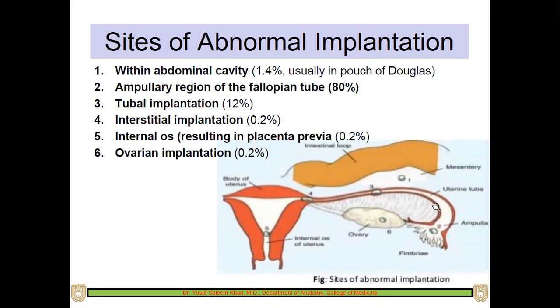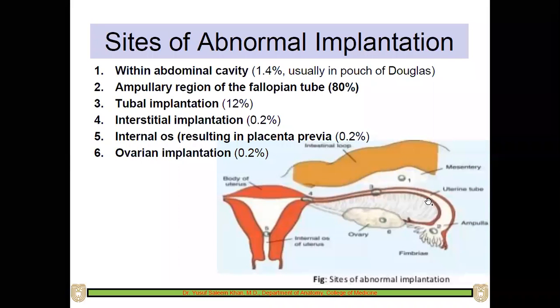Usually, instead of the fertilized egg going into the uterine cavity, it will move out and get implanted within the abdominal cavity. It is rare, almost 1.4%, usually in the pouch of Douglas. There is a pouch called the pouch of Douglas. But the commonest will be the ampullary region of the fallopian tubes. If there is abnormal implantation, usually it will be the ampullary part.